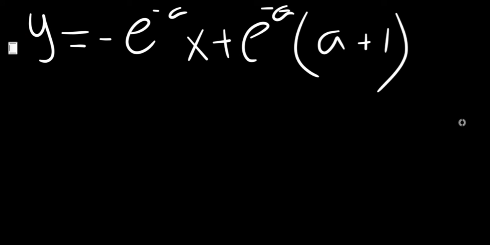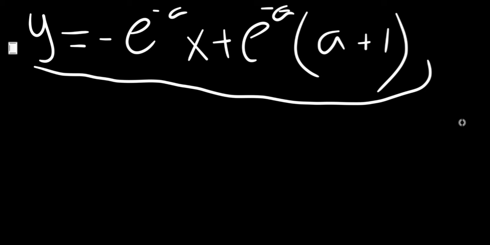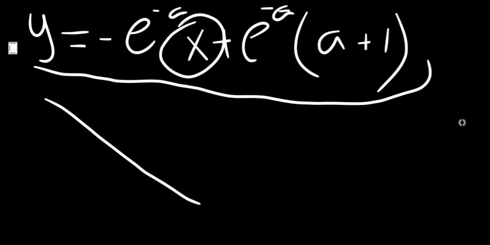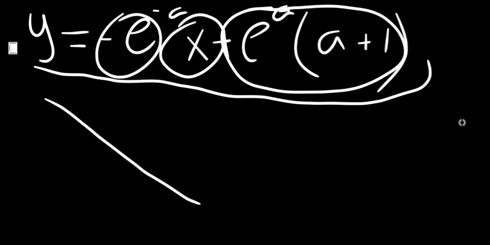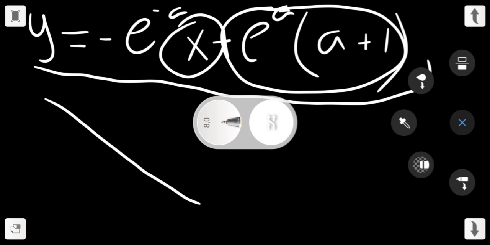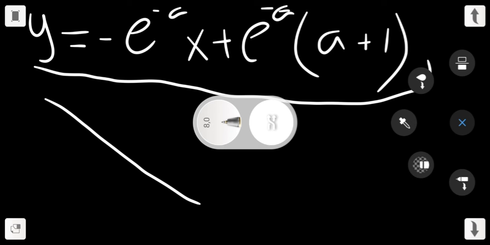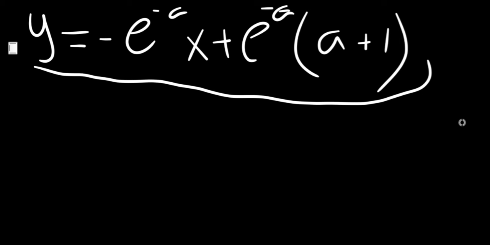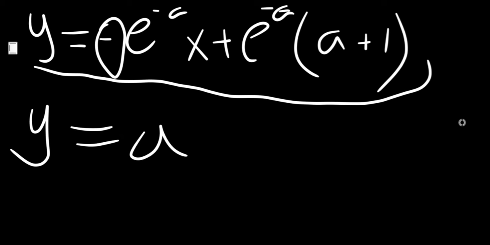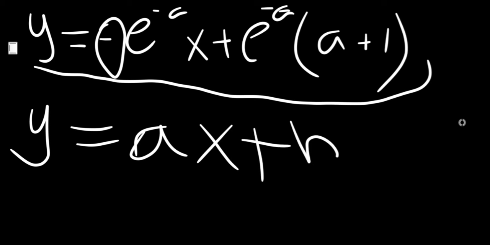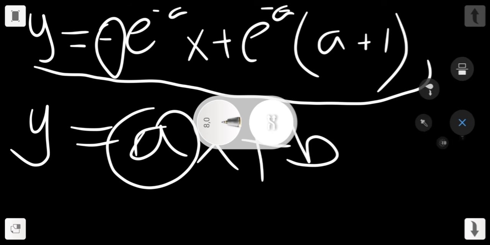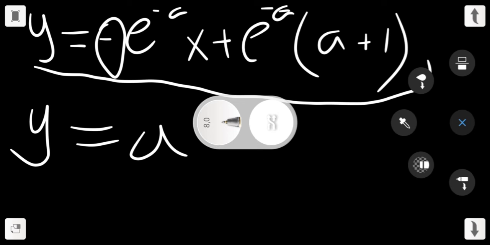Now you need to notice that this is a line, because we have only x. Okay, we have these other strange terms, but we have only x, so it doesn't matter how strange it gets. This is a line, y is equal to a x plus b. Remember, this a is negative, so the line is decreasing.